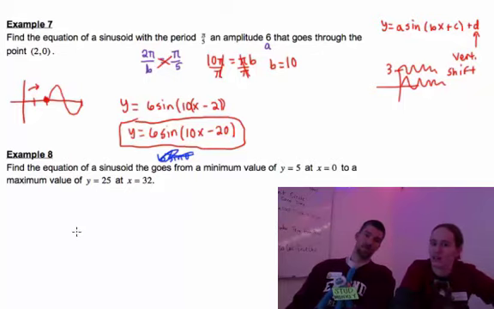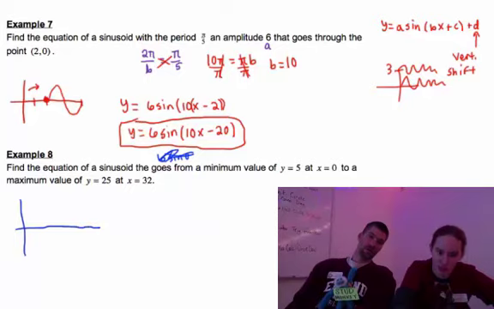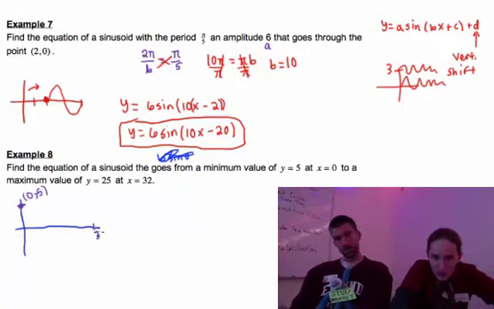Find the equation, example 8, of a sinusoid that goes from a minimum value of y equals 5 at x equals 0 to a maximum value of y equals 25 at x equals 32. We've got this point (0, 5) that we know about, and this point over here at x equals 32, y equals 25.